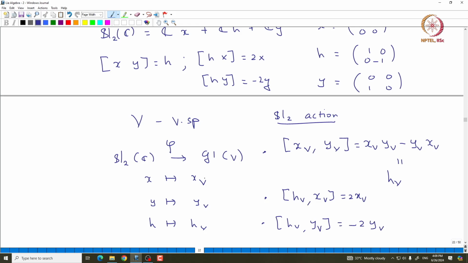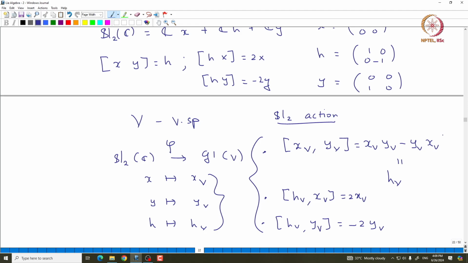If these operators satisfy these three relations, then that will immediately give you an SL2 action on this capital V. So this is one way to get an SL2 action abstractly.